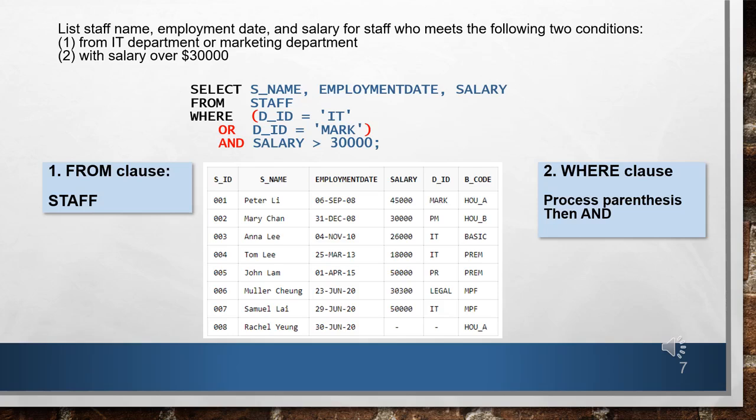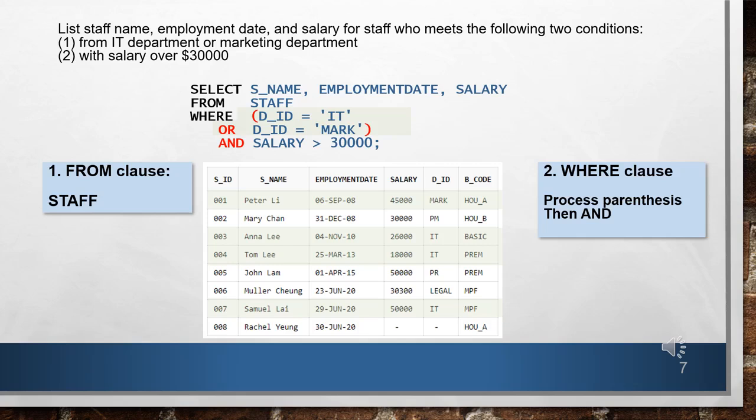Inside the parentheses, the DBMS checks whether each of the records meets one of the two conditions: DID is equal to IT or DID is equal to MARK. Four records meet one of these two conditions: Peter Lee, Anna Lee, Tom Lee, and Samuel Lee.